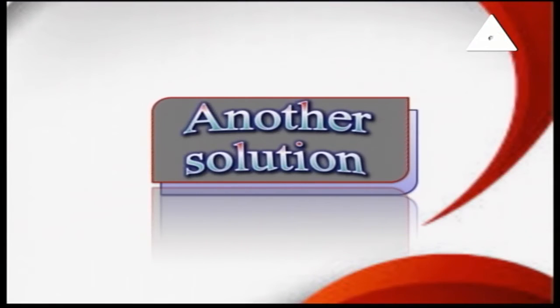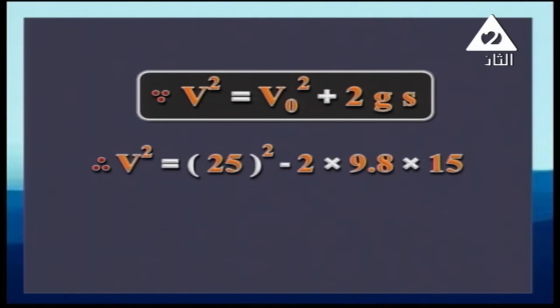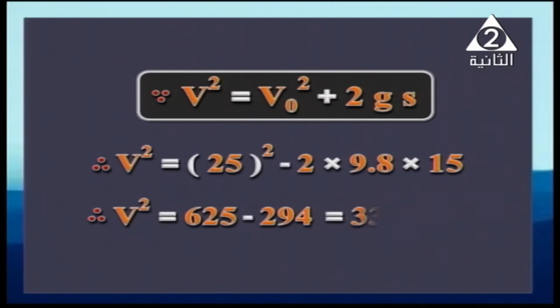Another solution: we can use v squared equals v naught squared plus 2gs to find the value of the final velocity. By substitution, the initial velocity is 25, g is 9.8 and the distance S equals 15. Then v squared equals 331.